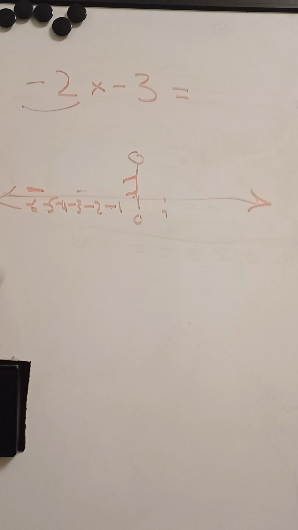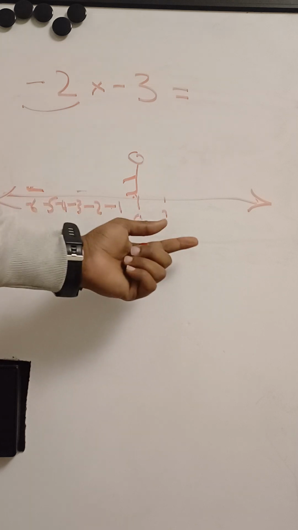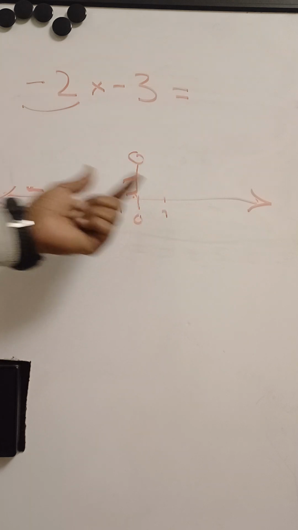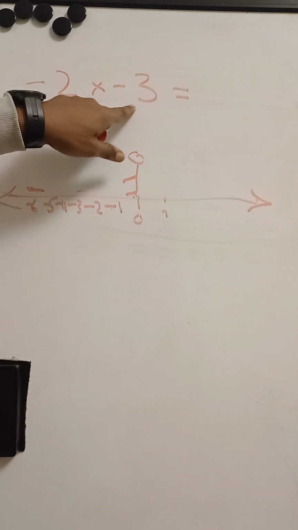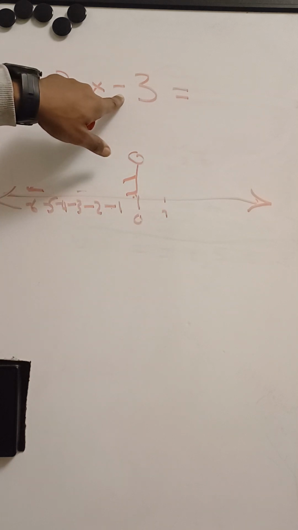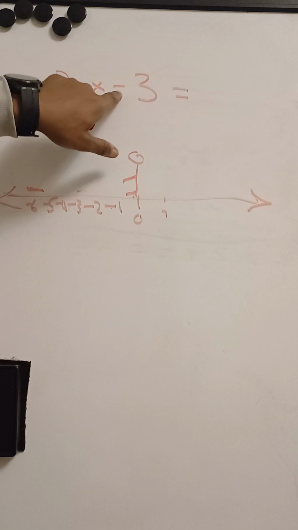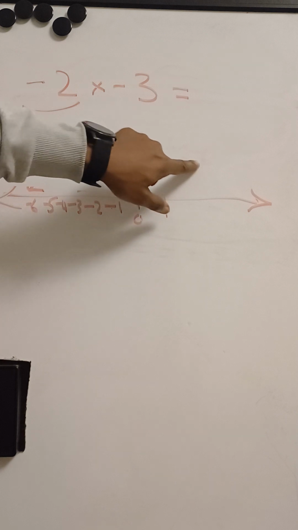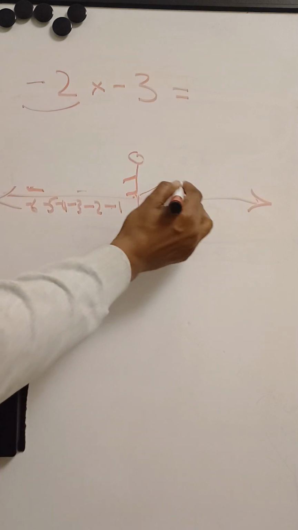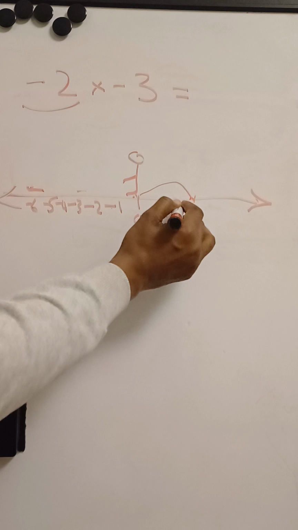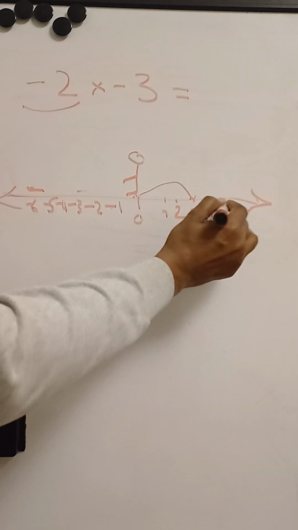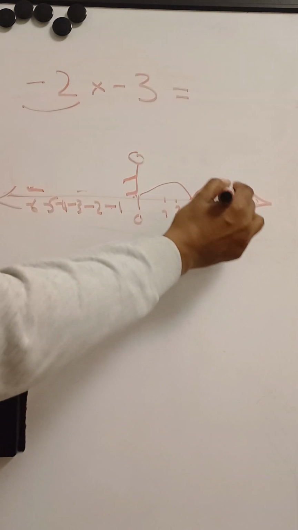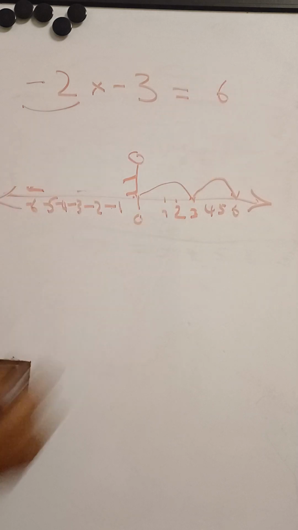To which direction are we going? Forward or backward? The sign is negative of the second number. We go backwards because the sign is negative. We're looking in this direction. We move backwards. So we move 3 steps, and then another 3 steps, and we end up with 6.